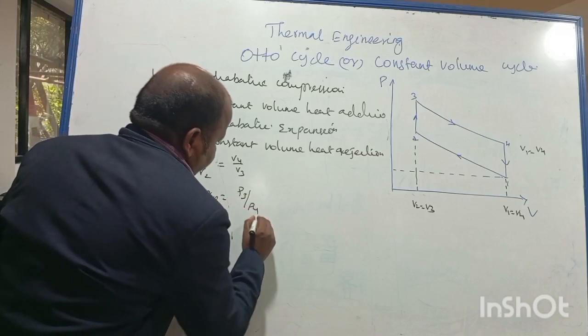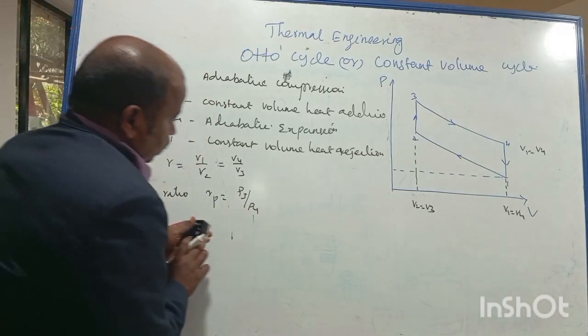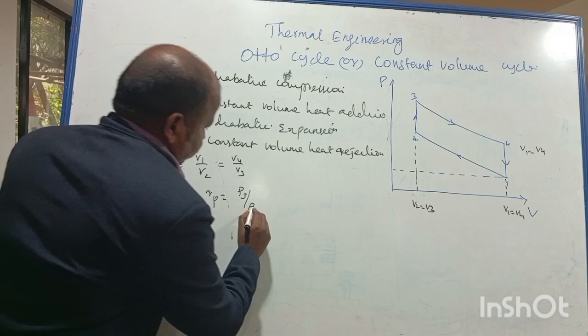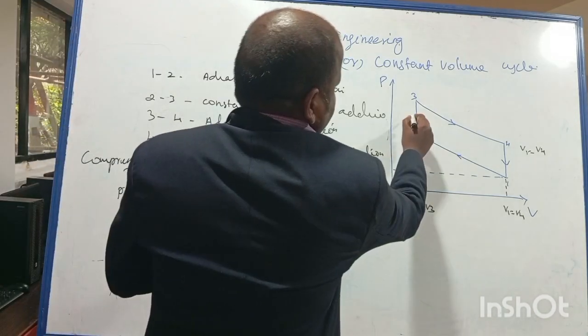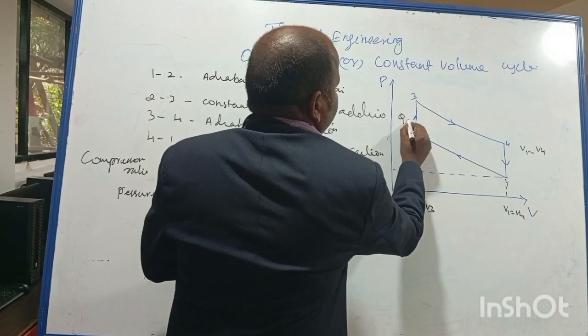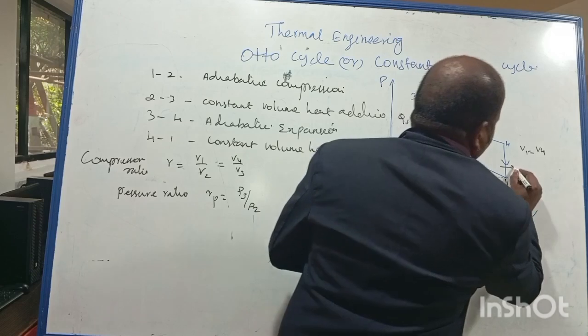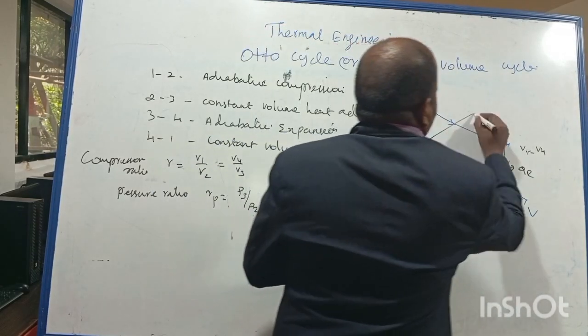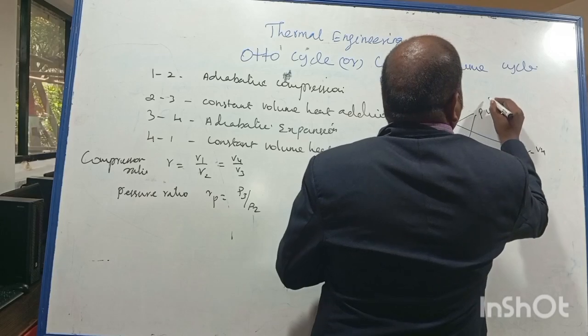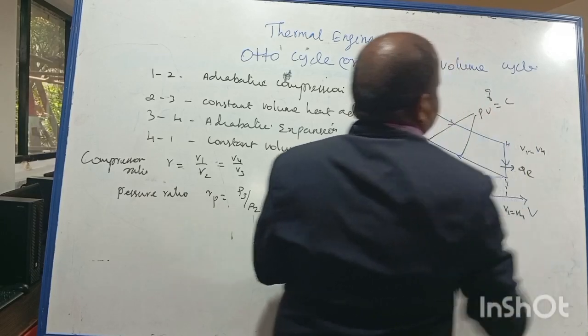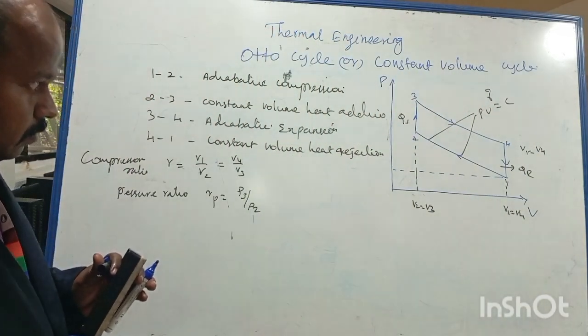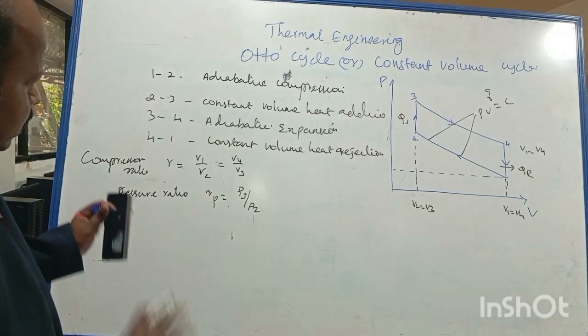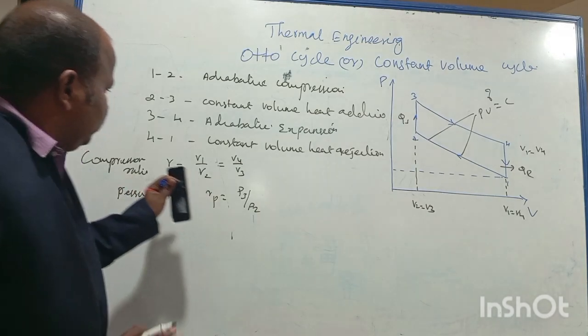Here, this is the heat addition, that is Qs, and this is Qr. The processes 1 to 2 and 3 to 4 follow the law PV^gamma equals constant, that is the adiabatic process. These are some basic definitions.